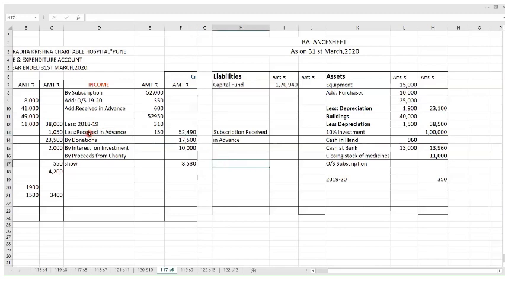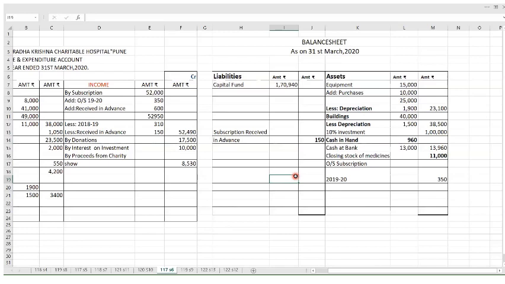Then we're going to give the subscription received in advance effect to the liability side. Subscription received in advance 150. So in this way, we transfer each and every element of the sum.